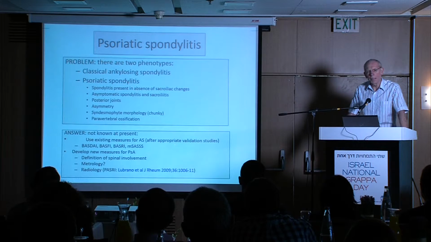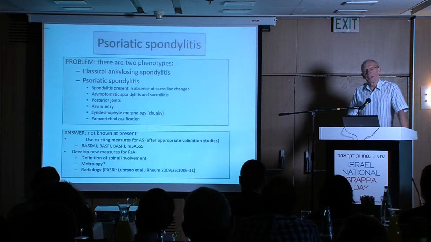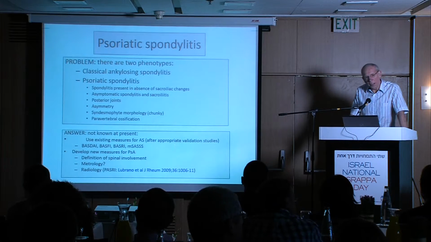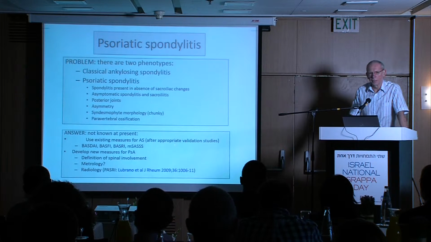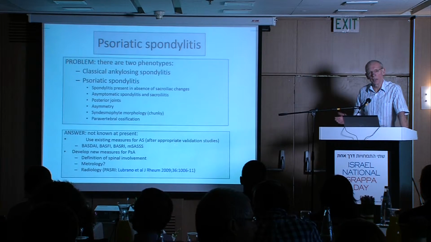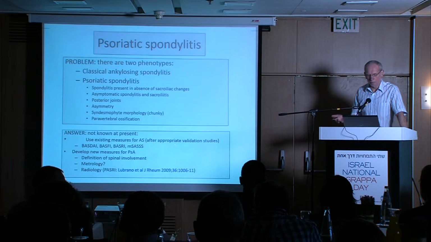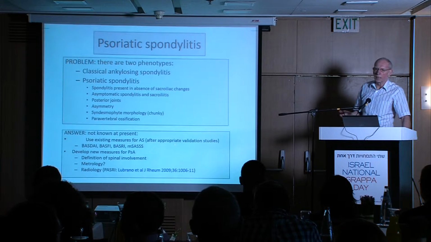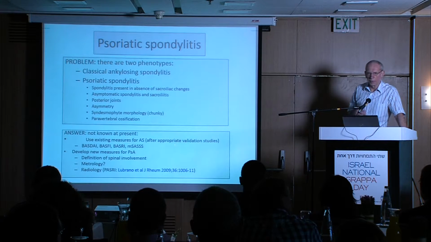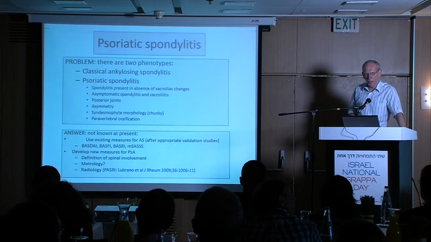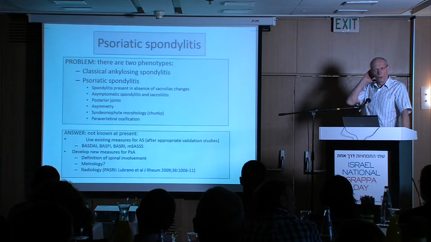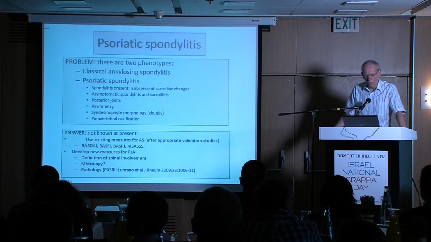What about the spine? Well, one of the problems we face with the spine is there are two different phenotypes with psoriatic arthritis. There's the classical ankylosing spondylitis phenotype, and then there's the psoriatic phenotype, which is a little bit less symmetrical, different morphology of syndesmophytes, more posterior joint involvement.